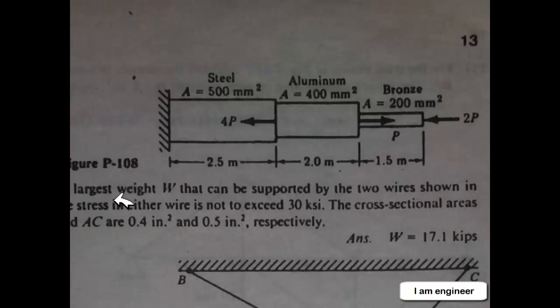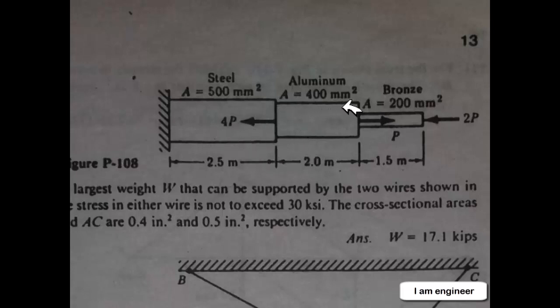So this is your diagram, on page 13. You've got this side fixed, you've got the steel, a bigger block with a bigger area, 500 square millimeter, having a bigger load of 4P.